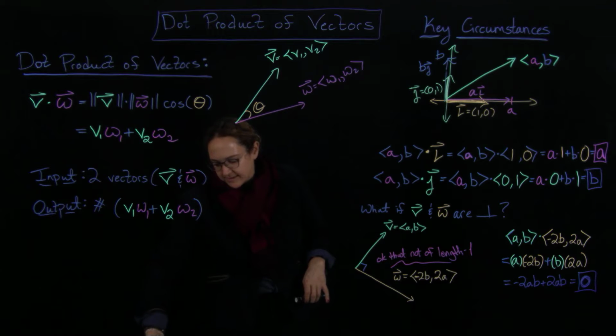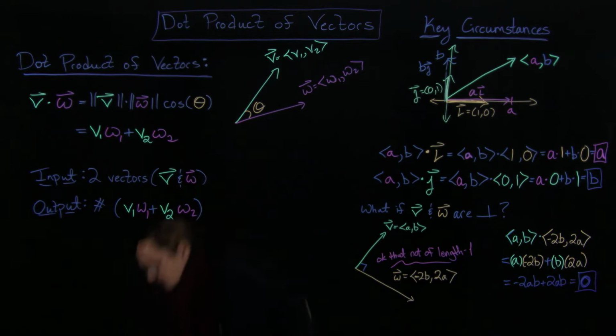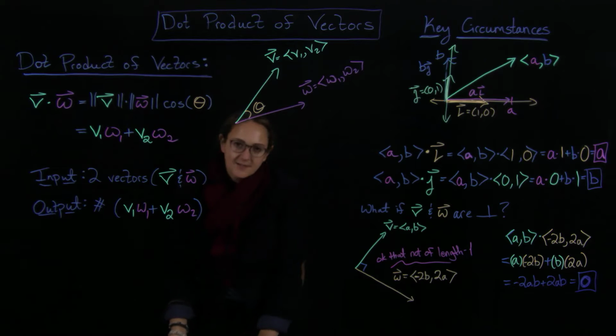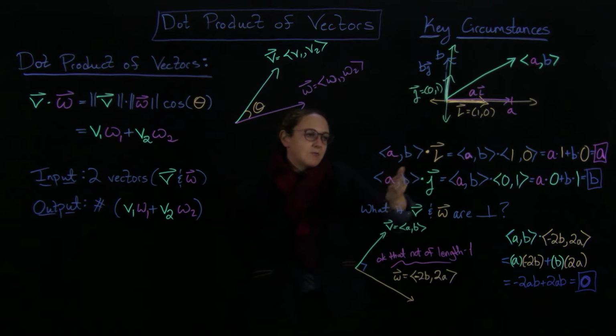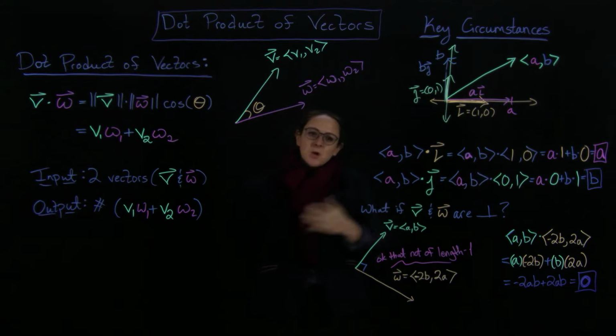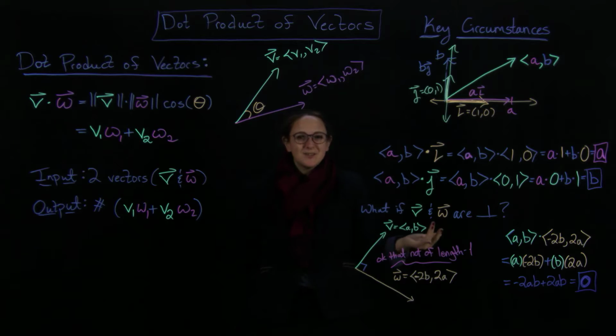So these circumstances actually tell you what the dot product is in some sense. When you dot with I, you pick out the first coordinate. When you dot with J, you pick out the second coordinate. When two vectors are perpendicular, you get 0.